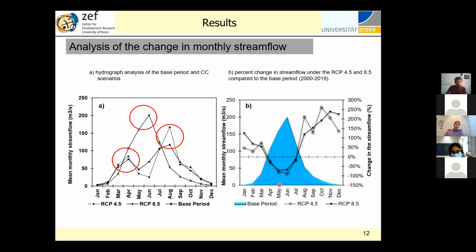So this is the peak demand period for the crops. But what actually happens is that during the peak demand period, the maximum reduction happens, up to 80% reduction. So this is really alarming for food security reasons, because if we don't have enough water during the peak demand period, what's going to happen? The farmer is always the first one who is the loser. And ultimately, the common population will be affected.